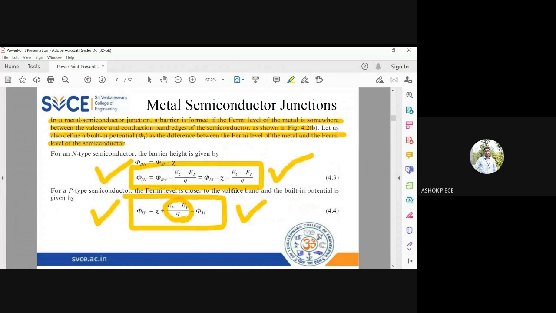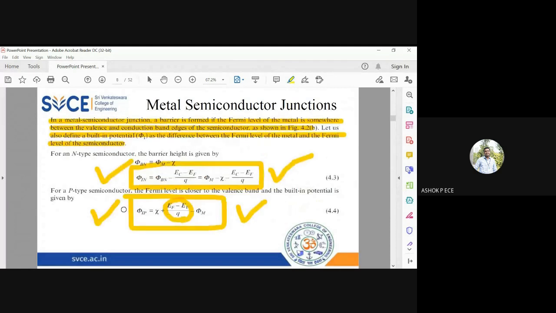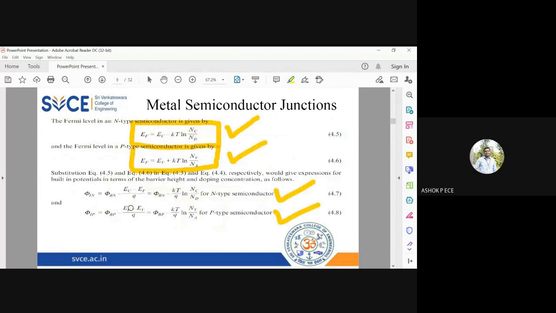So I am ignoring this x. I am using only this first formula, phi bn minus EC minus EF by Q. I am not using this phi m. I am using the direct formula for phi bn, and here I'll be using the direct formula phi bp minus EF minus EV by Q. So I am not bringing in phi m and x.